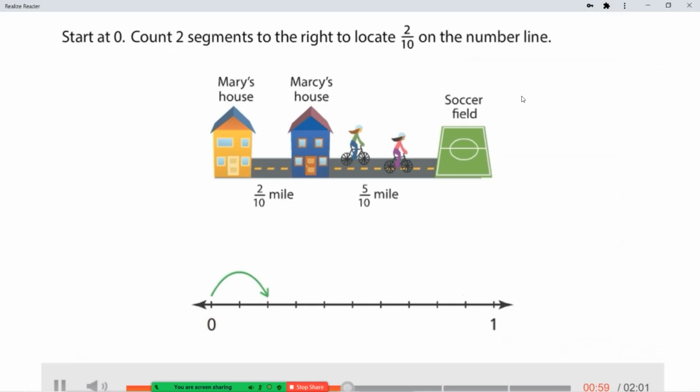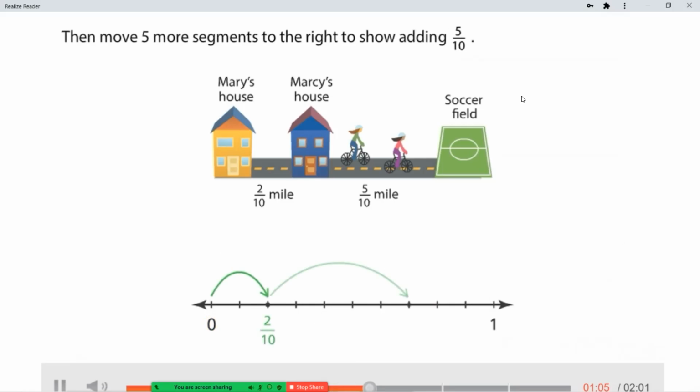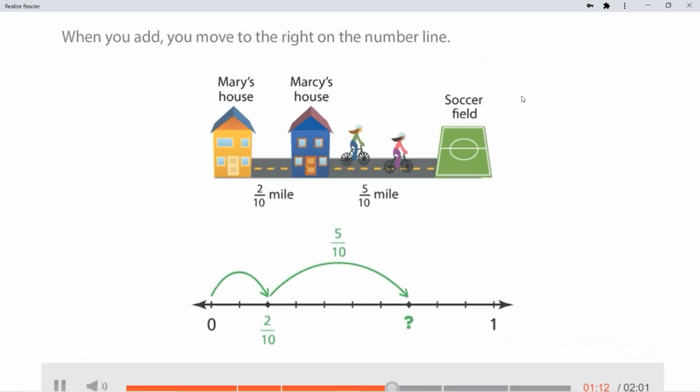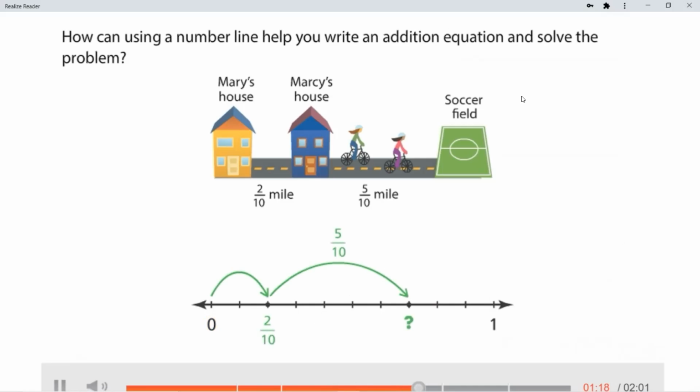Count 2 segments to the right to locate 2/10 on the number line. Then move 5 more segments to the right to show adding 5/10. When you add, you move to the right on the number line. How can using a number line help you write an addition equation and solve the problem? Think about this question as you do the activity that comes next.